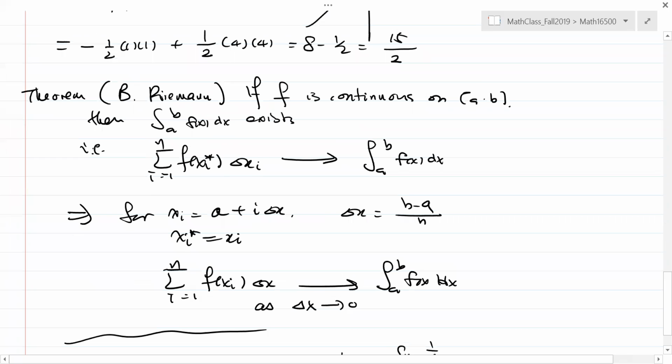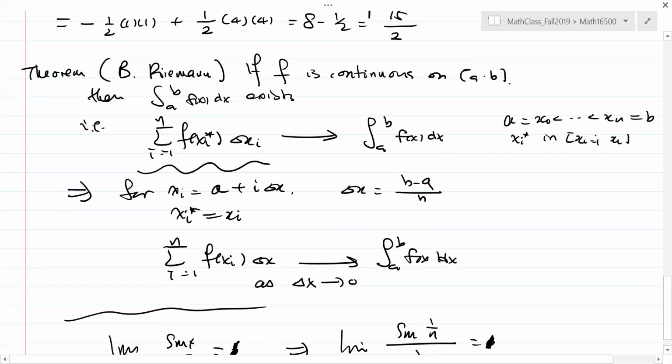For the Riemann sum, your partition is complicated. It's arbitrary, and also xi star in the interval is arbitrary. But as long as delta xi, the largest one, approaches 0, Riemann said as long as the function is continuous, those Riemann sums approach the limit.